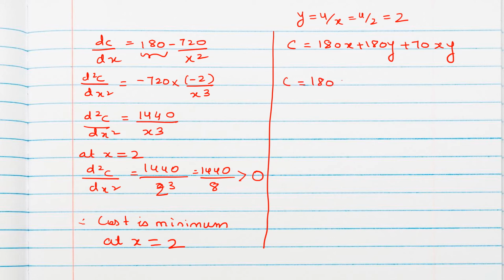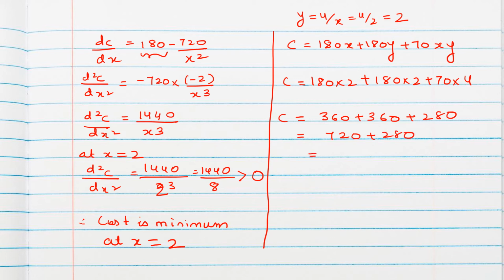So 180 into 2, 180 into 2, plus 70 into 4. So 360 plus 360 plus 280. So 720 plus 280 will give 1000. So this is the minimum cost.